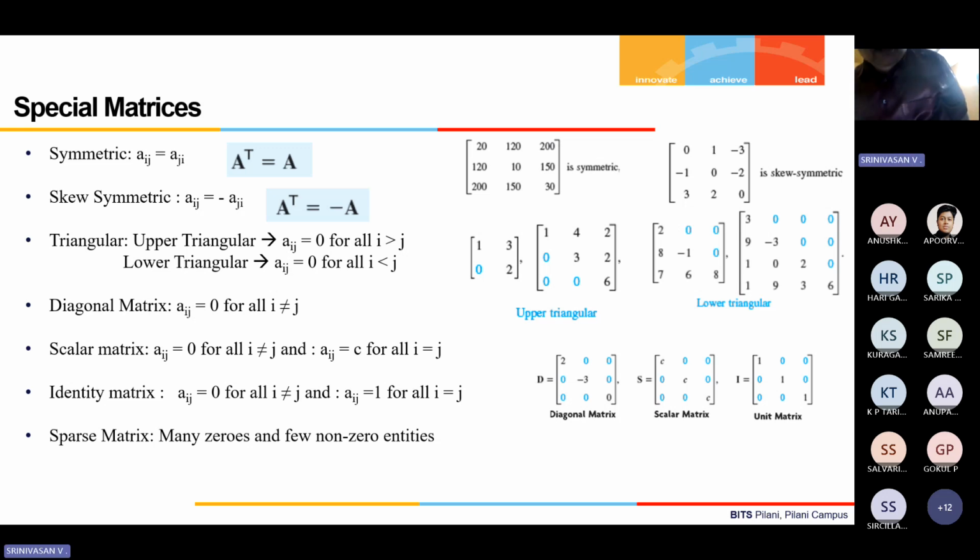See, you just look here: for upper triangular, Aij equals 0 for all i greater than j. And for lower triangular, Aij equals 0 for all i less than j.